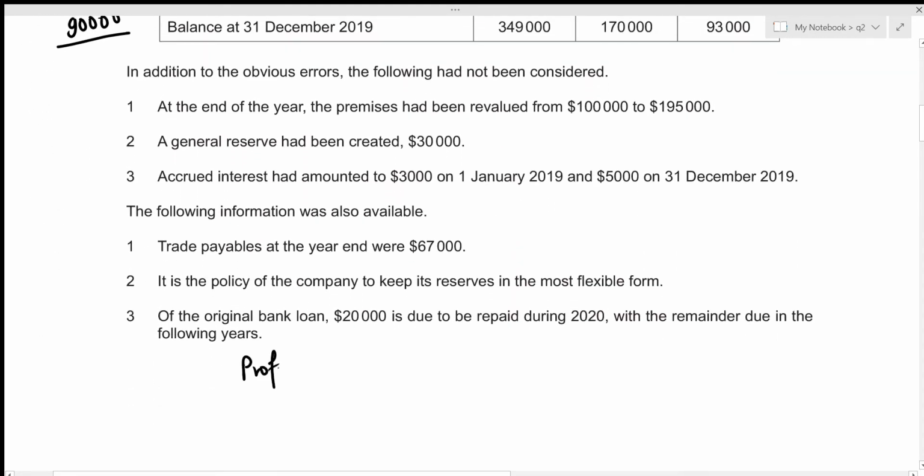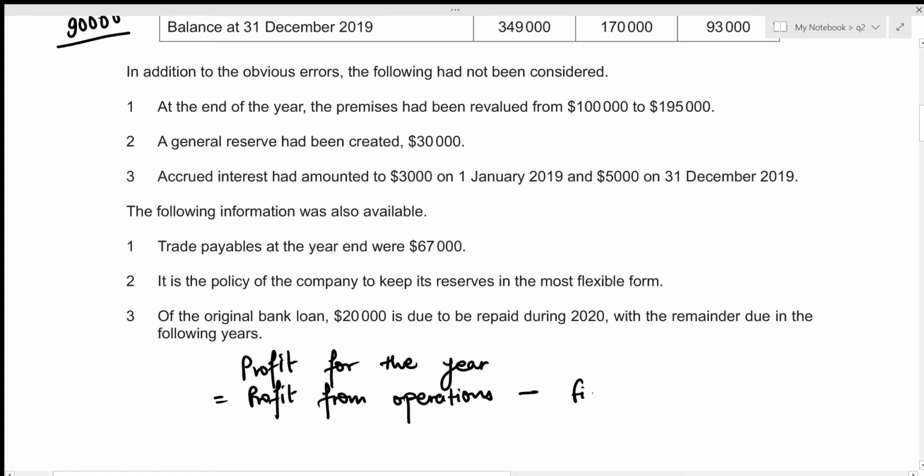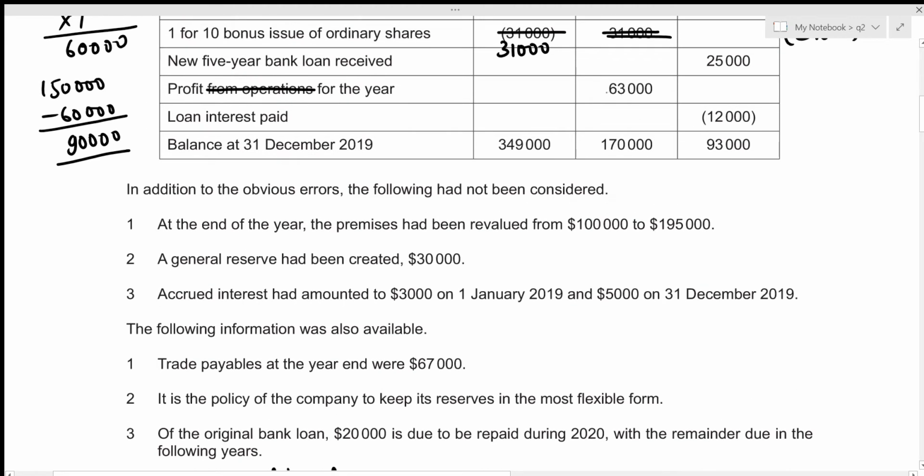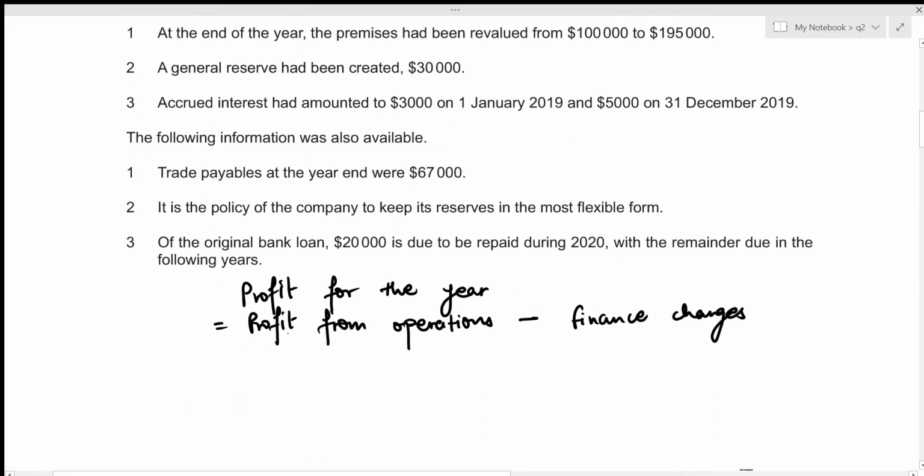We know that profit for the year is just going to be our profit from operations minus the finance charges. Okay, and we are given our profit from operations to be 63,000. Let's write it down.